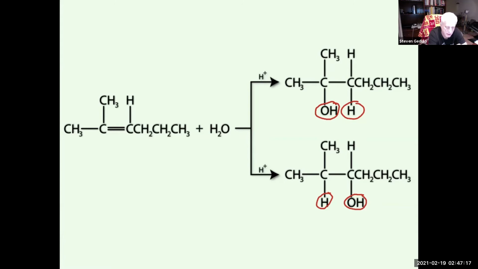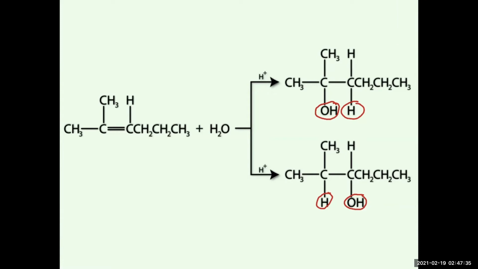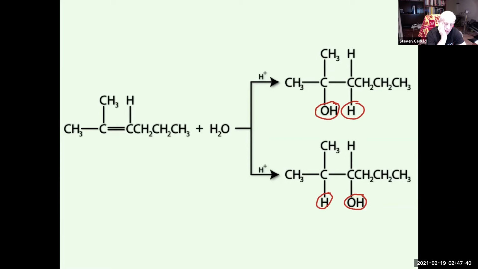So let's look at the products that we formed. Are we going to be major minor or 50-50? Anybody want to take a stab at it? Major, minor. I'll agree with that.